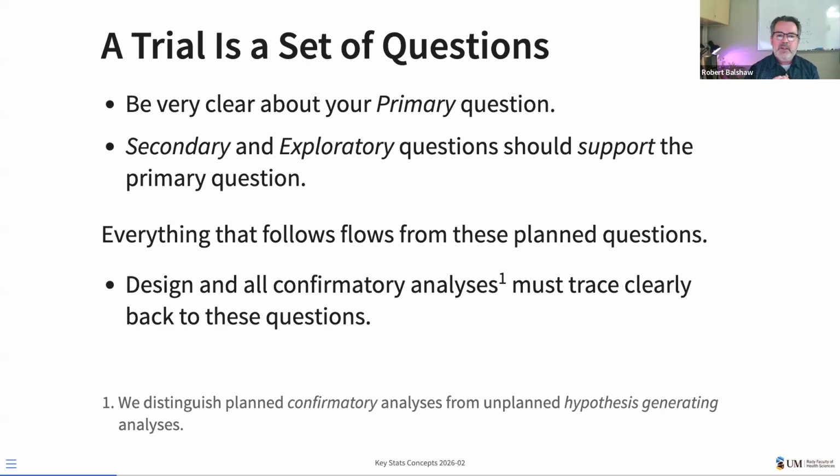It's what everything else should hang off of. Secondary and exploratory questions should be designed to support the primary question. And once you've established what those key questions are, the rest of it should flow from those. And those key questions should embody what you've decided are the objectives of the trial.